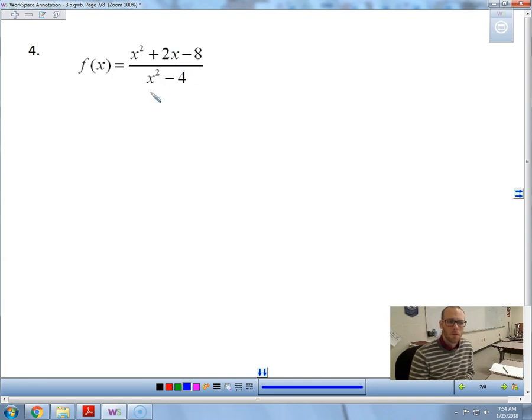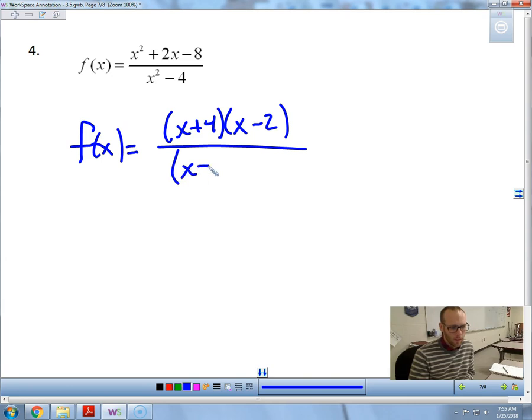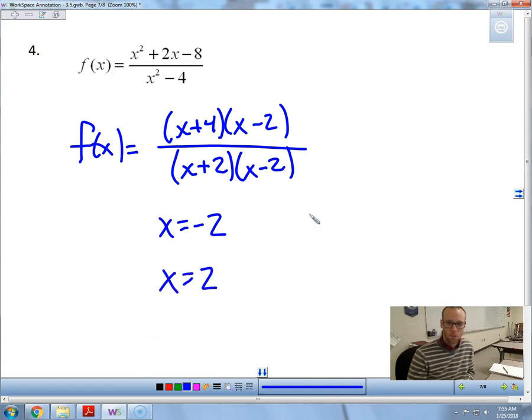x squared plus 2x minus 8 over x squared minus 4. (x plus 4)(x minus 2) on the top, (x plus 2)(x minus 2) on the bottom. So the denominator is equal to 0 at negative 2 or at 2.